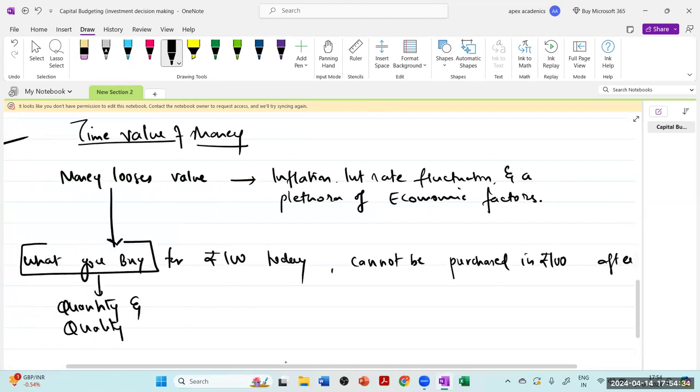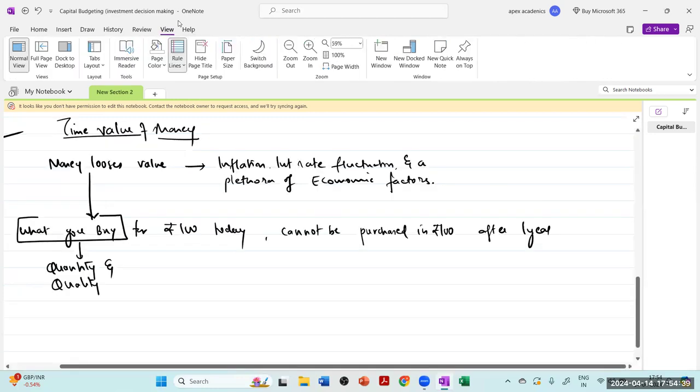The value loss of money happens on a daily basis. Please keep that much in mind. Money loses its value on a daily basis. For example, yesterday, 1 kg of cabbage was probably, let's say, rupees 60.